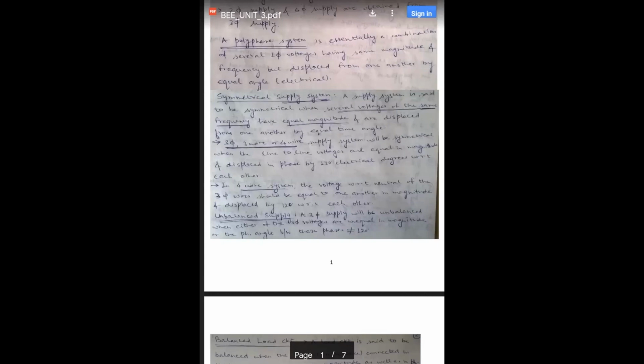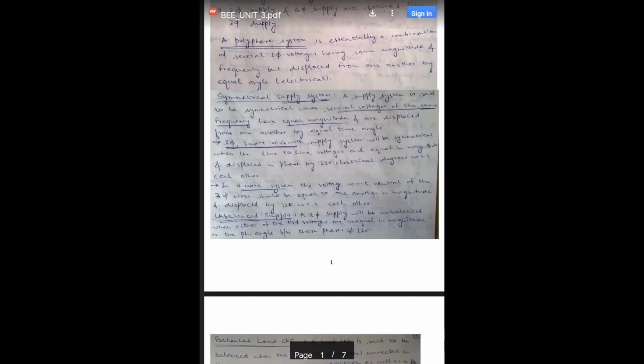Okay, so the more flux cutting, the more EMF generated. Okay, so this is the basic concept of the three phase generation system. So three phase is generally denoted by R phase, Y phase, B phase.